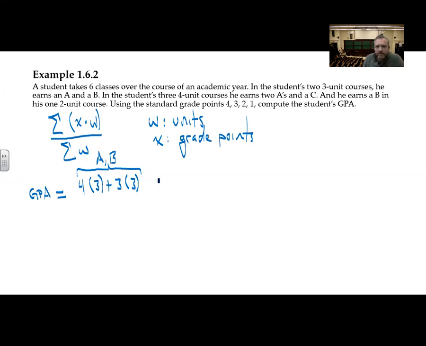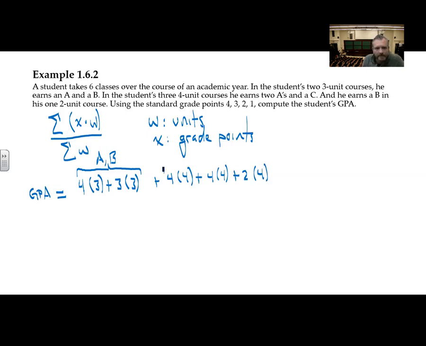What's next? Well, 3 4-unit courses. So in the 4-unit courses, you got 2 A's. So that's an A for a 4-unit course, plus another A, so 4 grade points in a 4-unit course, and then a C. So we got 2 grade points in that 4-unit course.